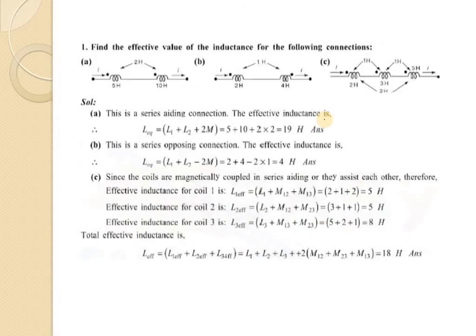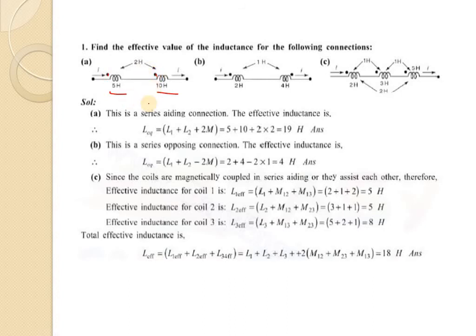So let us now consider some numerical problems related to coupled circuits. Find the effective value of inductance for the following connections. Our first combination has two inductors, one of 5 Henry and a second of 10 Henry, and in both cases the dots are placed in the entering position, that means the same position.